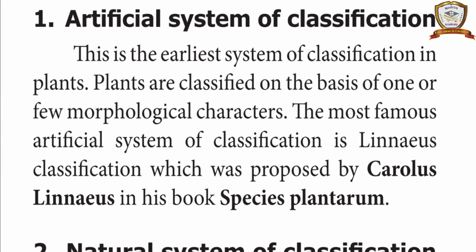Artificial system of classification. This is the earliest system of classification in plants. Plants are classified on the basis of one or few morphological characters. The most famous artificial system of classification is Linnaeus Classification, which was proposed by Carolus Linnaeus in his book Species Plantarum.